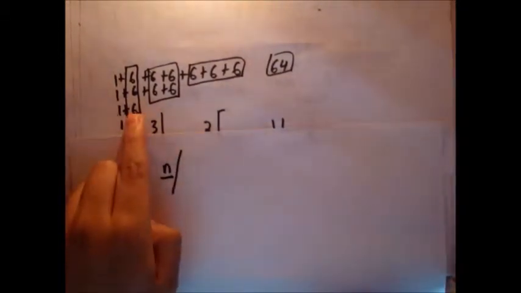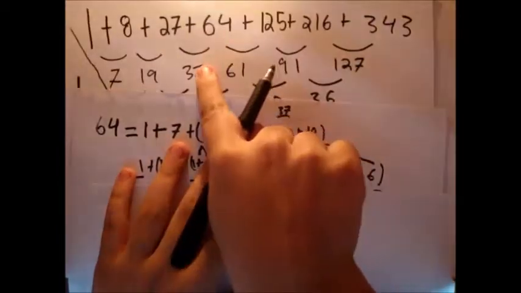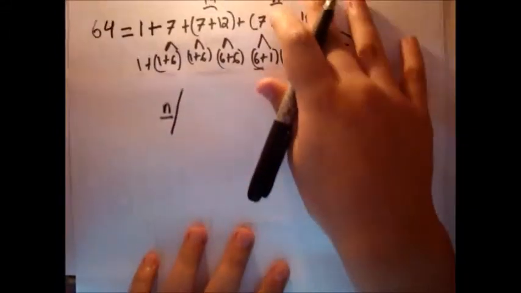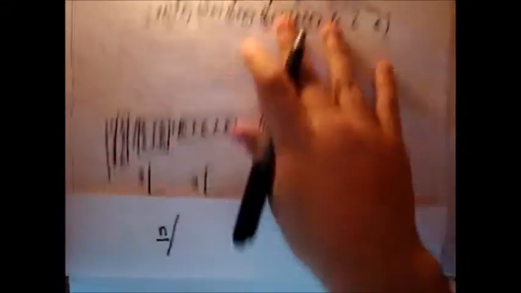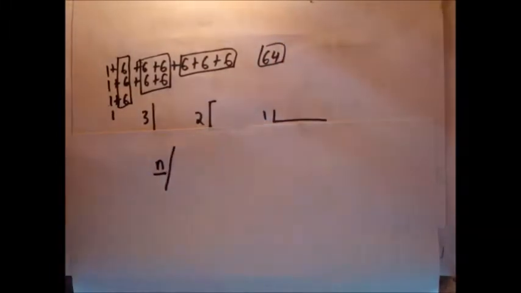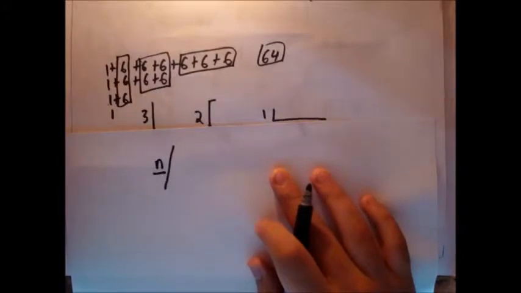And representing the 6s, we have n minus 1 terms. Because remember, 64, right here, is the fourth term, right? And because it is the fourth term, we can actually see that. Oh yeah, okay. So here, there are 3 6s, and 3 is less than 4 by 1, right?